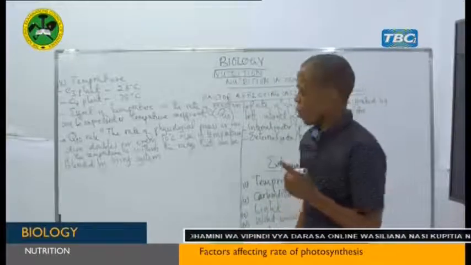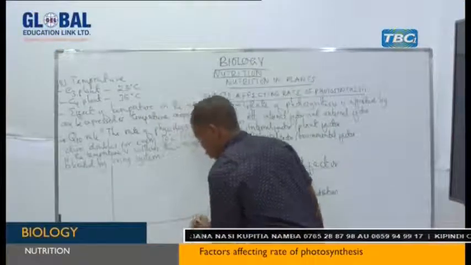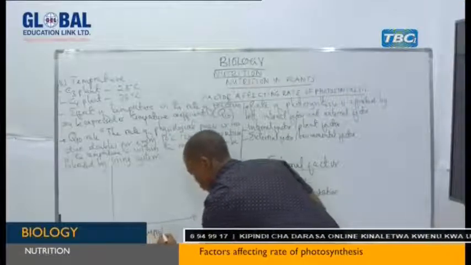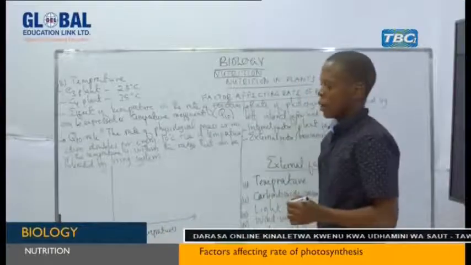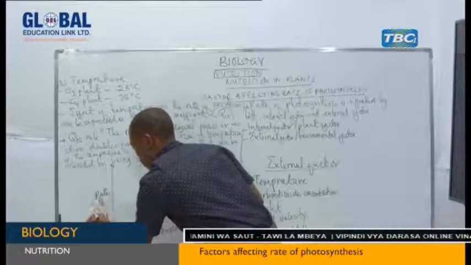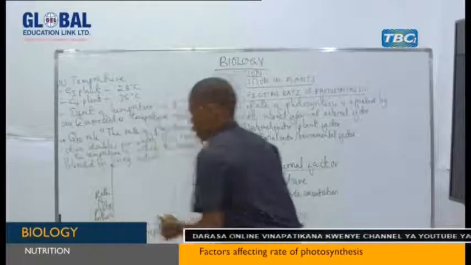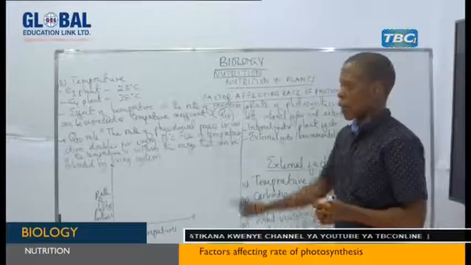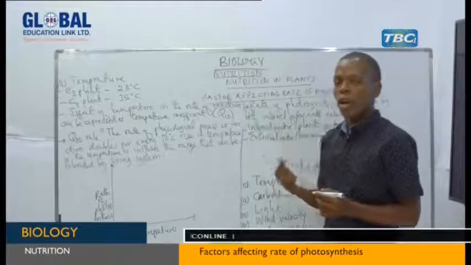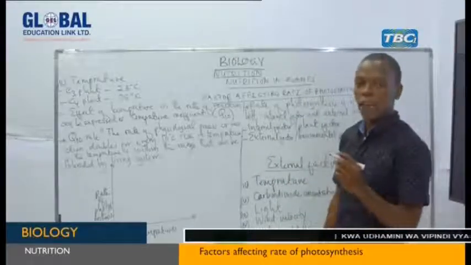Graphically, we can present this as follows. Horizontally, we put the external factor, which is temperature, and on this side, the rate of photosynthesis. From the Q10 rule, rate of reaction tends to double for every 10-degree rise in temperature, provided the temperature is within the range that can be tolerated by the living system.